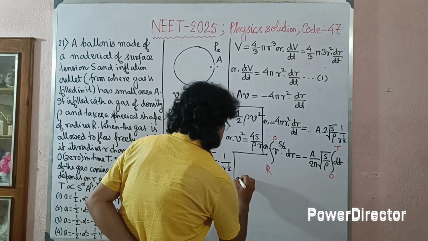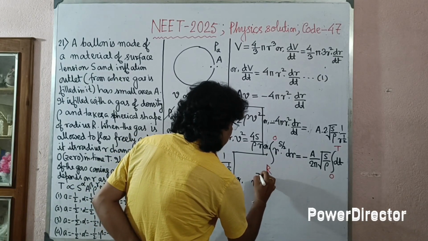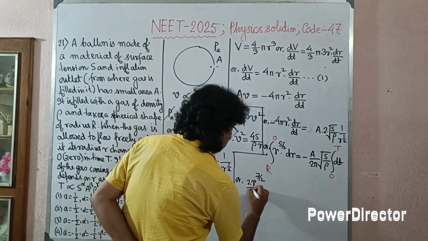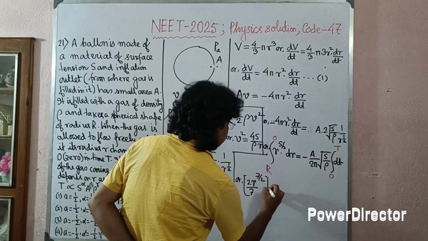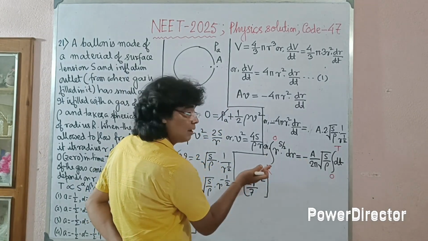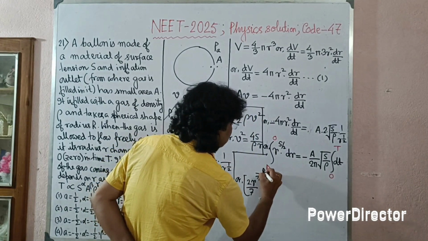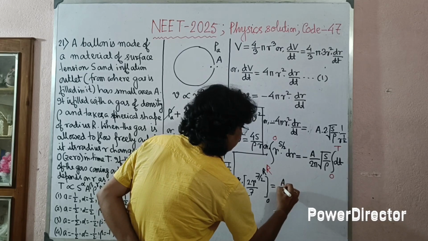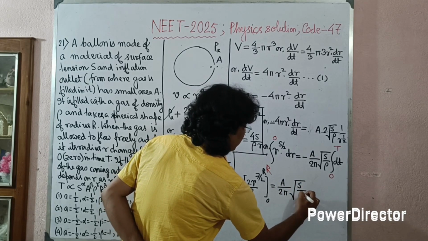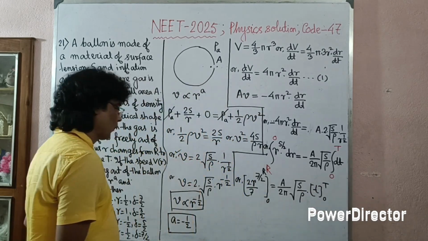Or after integrating, r to the power 7 by 2 by 7 by 2, that means 2 by 7. For this negative sign, we can change the limit of the integration, 0 to R, equal to A by 2 pi root over S by rho, t from 0 to capital T. Okay.